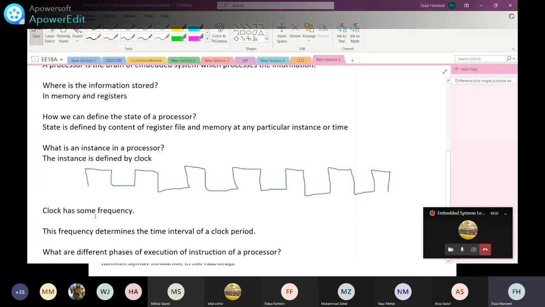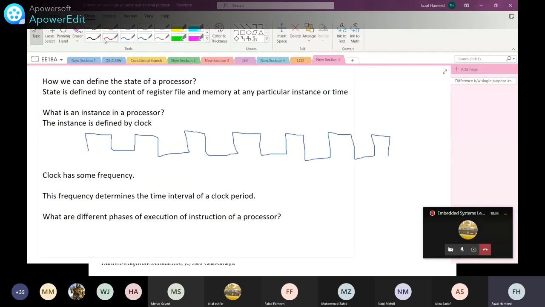What is the clock period? So now this is a clock period. This interval is called the clock period. Can you see on the screen the clock period? Okay, so now this is the clock period.